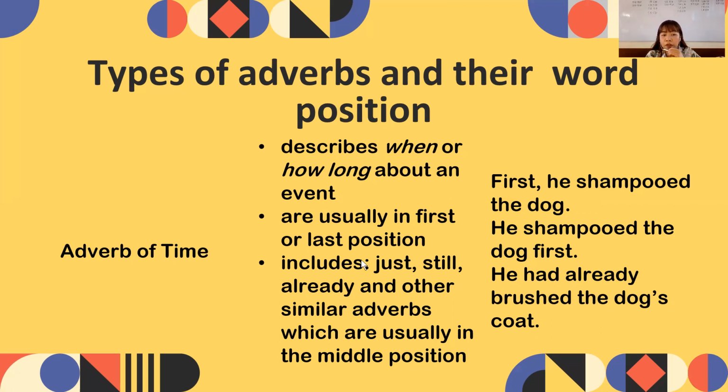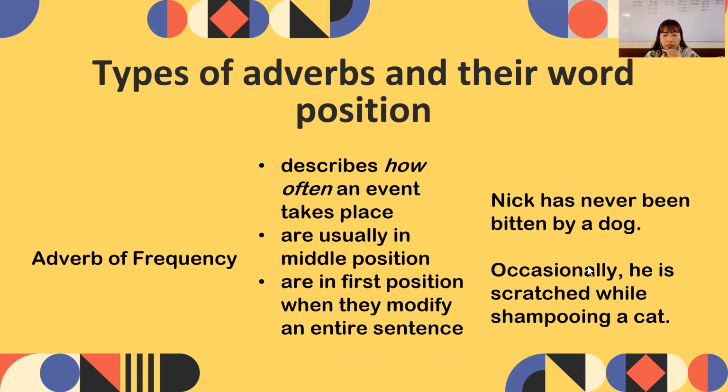For example, for ganon ng mga adverb of time or adverbs under adverb of time, like just, still, already, they are placed in the middle position. Next, we have your adverb of frequency.